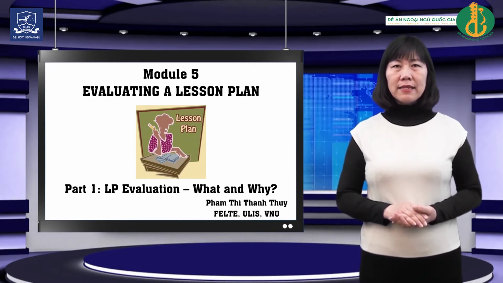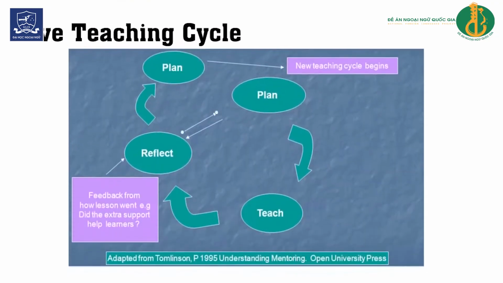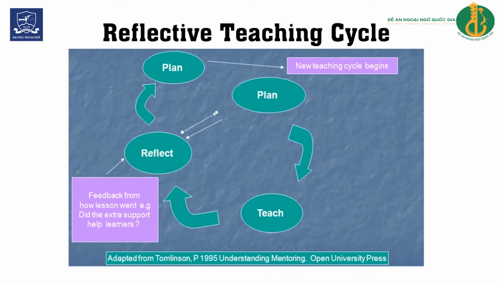Now, let us start with the first part, lesson plan evaluation, what and why. Look at this reflective teaching cycle suggested by Tomlinson. As you can see, there are 4 main steps teachers should do for each lesson: plan, teach, reflect, plan.